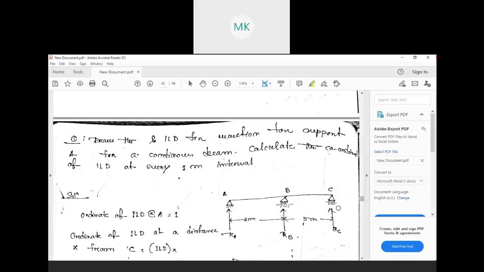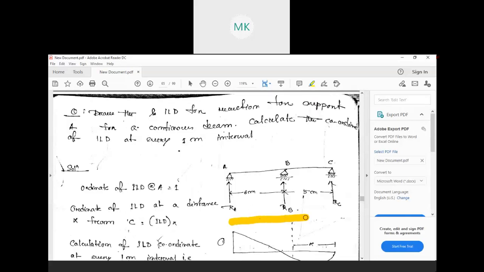As you can see, this is a continuous beam, and we need to calculate the coordinates at every 1 meter interval. The total length of this beam is 11 meter, so we need to find the coordinate at every 1 meter interval.